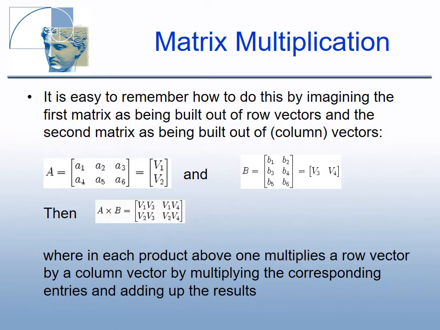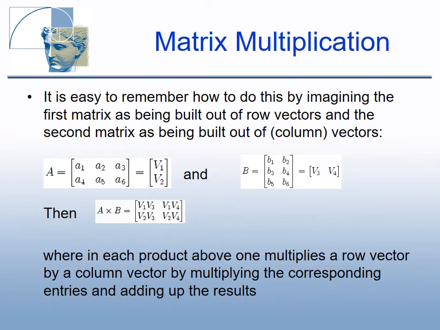This example shows how to multiply the 2 by 3 matrix A by the 3 by 2 matrix B. It is easy to remember how to do the matrix multiplication by imagining the first matrix as being built out of row vectors and the second matrix as being built out of column vectors, as shown in the slide.